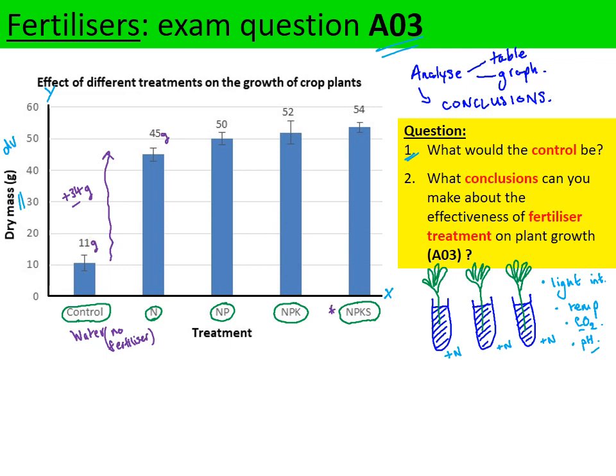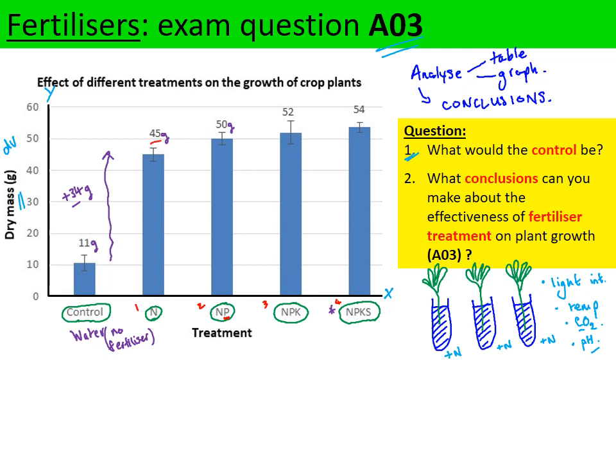Now, if we then look at the next treatment with N and P, so if we just say the control treatment on the left, N is treatment 1, NP is treatment 2, NPK is treatment 3, and NPKS is treatment 4. So if we look at treatment number 2, that gives us 50 grams of dry mass after a week. So by adding N and P, we know it does produce a higher dry mass compared to just N on its own. However, the effect of phosphorus we can work out because we already know the effect of nitrogen from treatment number 1, 45 grams.